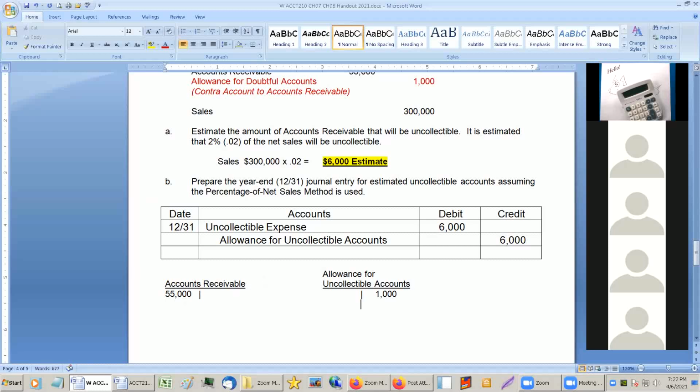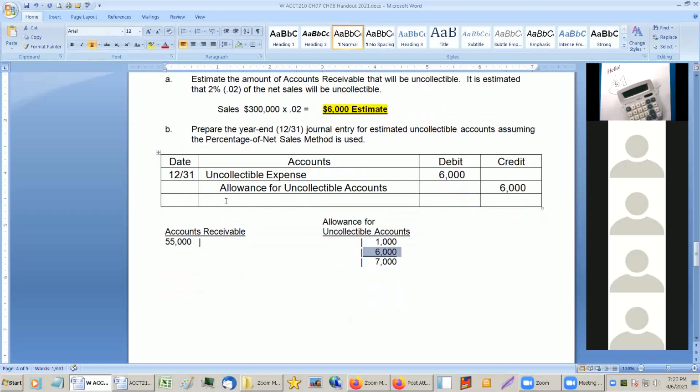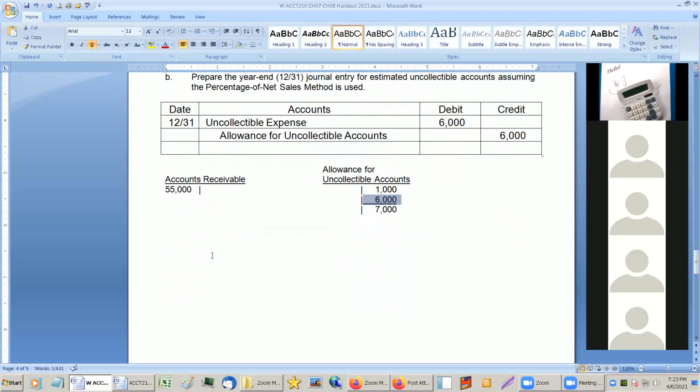We added another 6,000 to it, which gave us a balance of 7,000. Okay, so this is how this would look on our balance sheet.